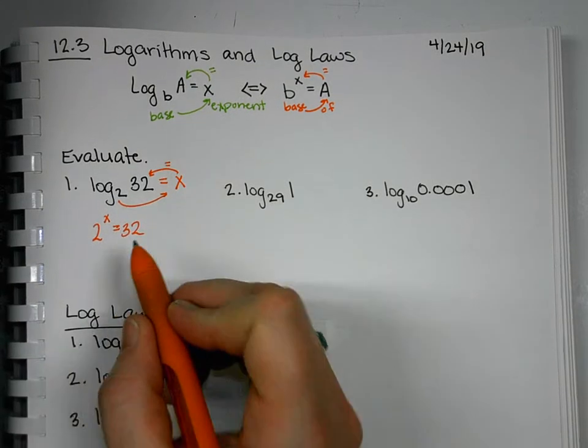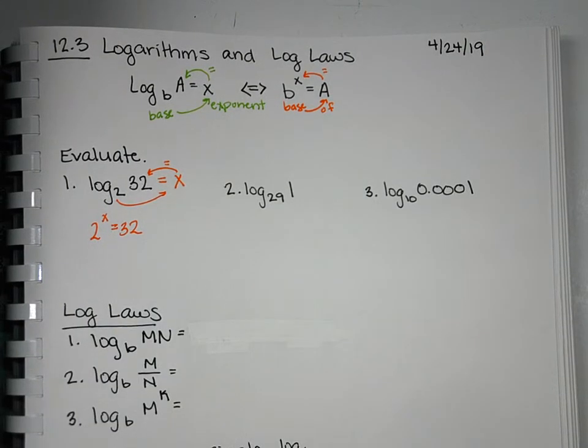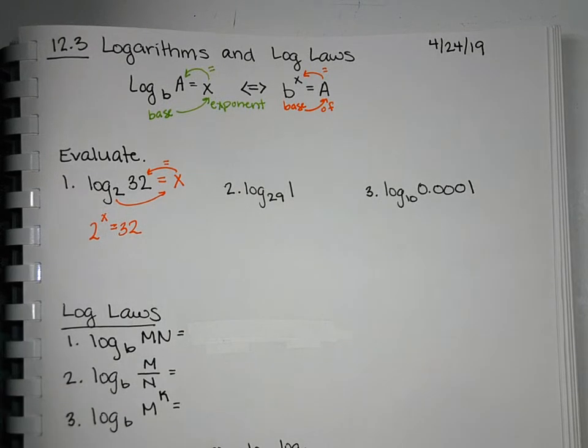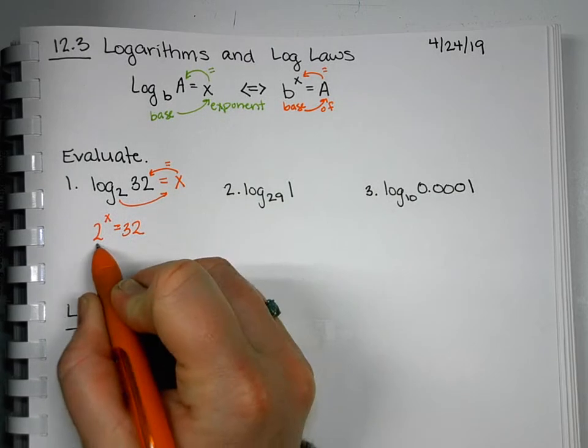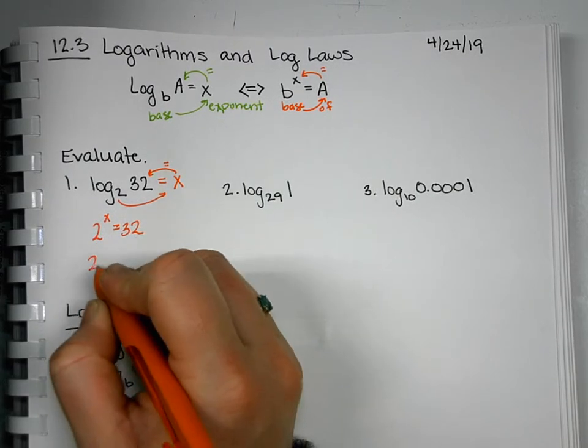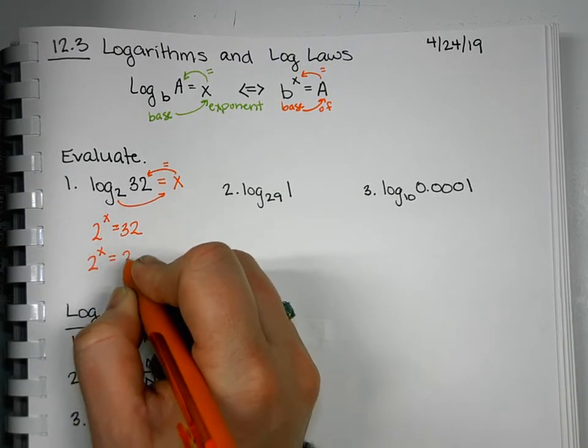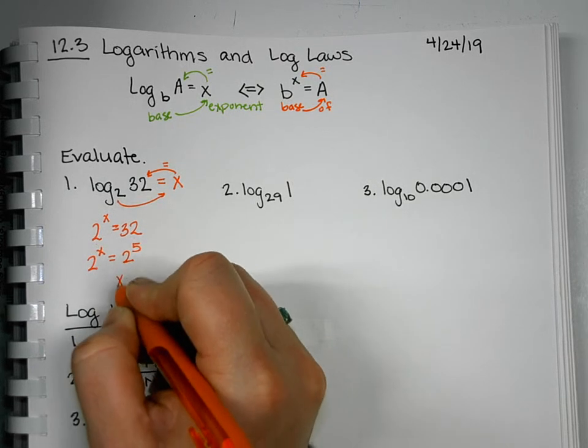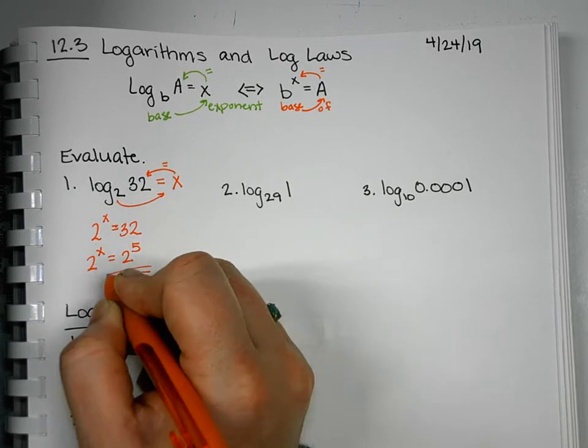Now it turns into one of the problems we actually just did, I think the first one from the 2-2 notes. So we rewrite as the same base: 2 to the x, 32 is 2 to the 5th, so x would equal 5.